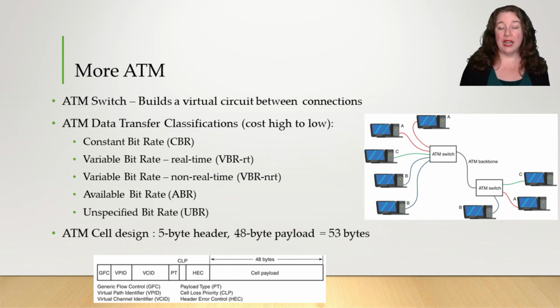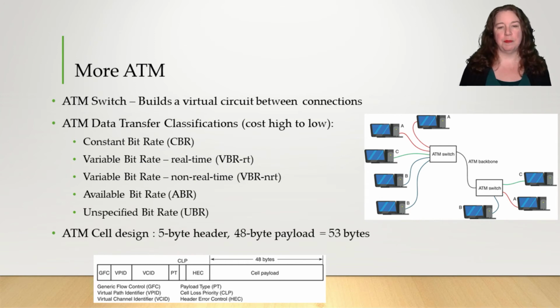When we make our ATM cell, it's actually kind of similar to a UDP cell. It's very, very simple. We have a 53 byte cell frame that you're going to be working with. We call them cells in ATM. It's going to have 48 bytes of payload and 5 bytes for your header. The header is going to include some flow control, some path identifier, some channels, what type of payload it is, cell loss priority, and header error control sections.